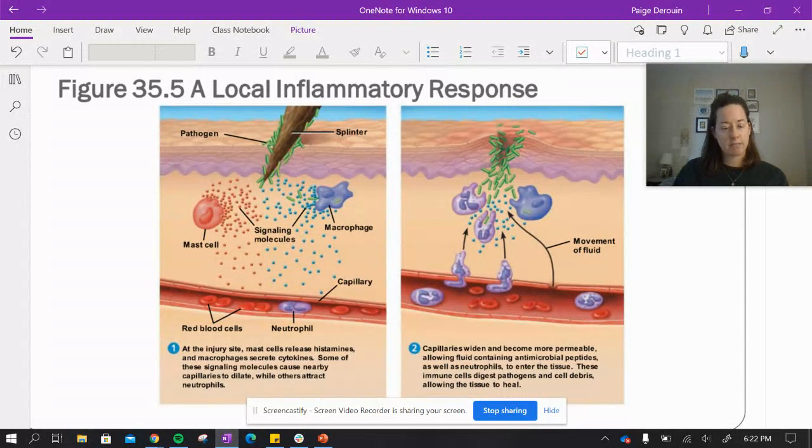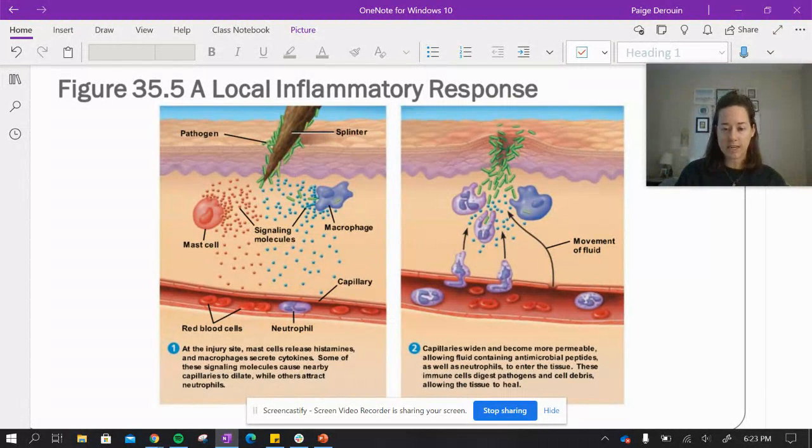What you have is mast cells and macrophages who are both releasing those signaling molecules. For the macrophages, that would be the cytokines. And for the mast cells, that is the histamine. So the histamine is causing the blood vessels to dilate, which means the cells that make up the blood vessel walls are going to spread apart a little bit, so there's gaps in between.